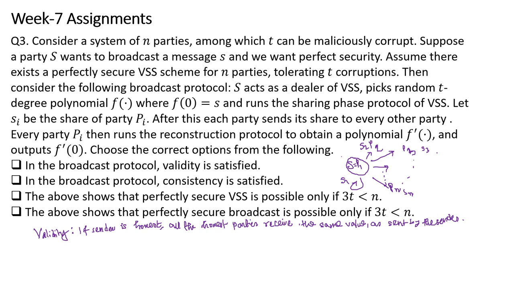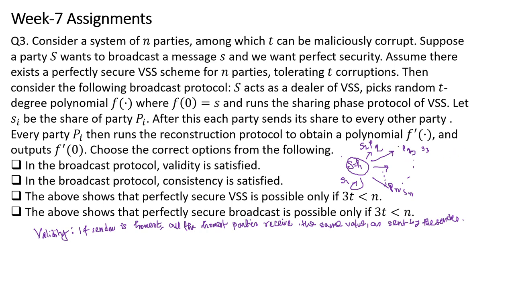Small si's denote the shares of the value that the sender wanted to send. Now we want that at the end of the broadcast protocol, all the honest parties will know the value of small s, that is the secret with respect to the secret sharing scheme, or the value to be broadcast with respect to the broadcast protocol.